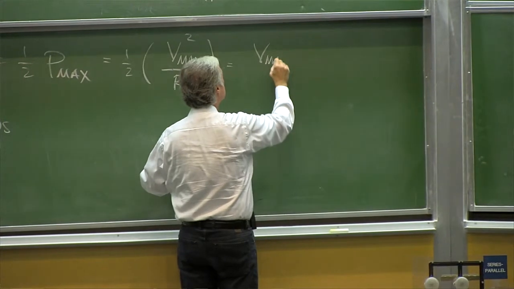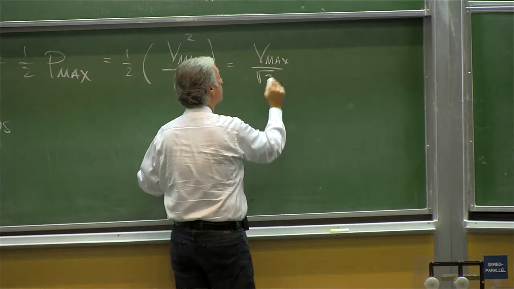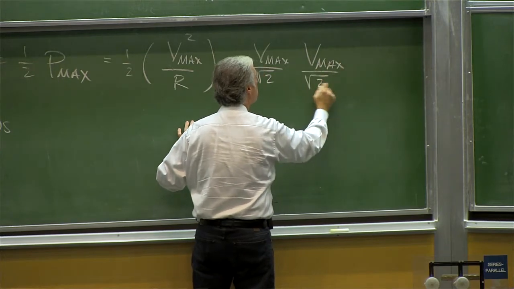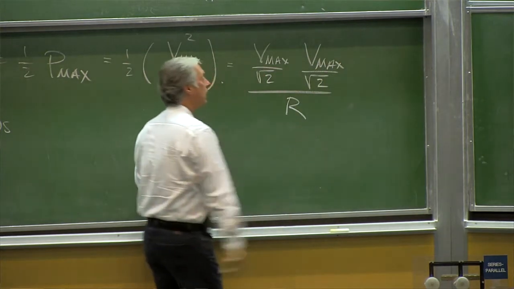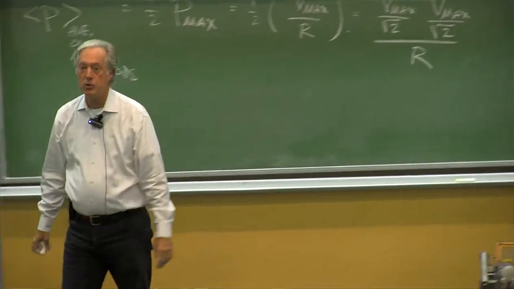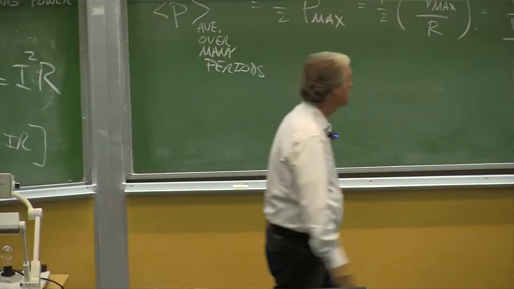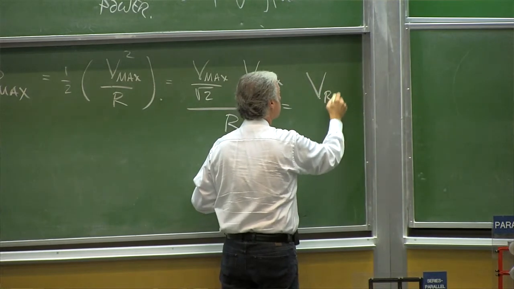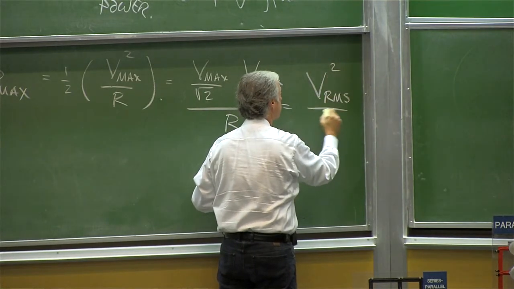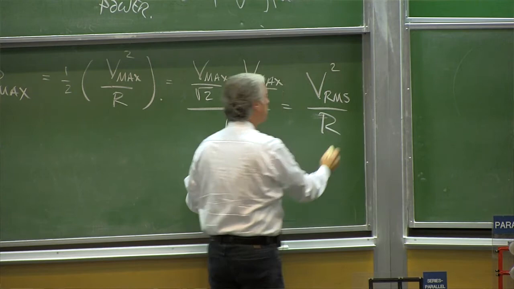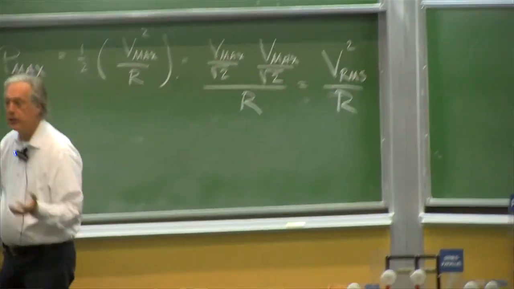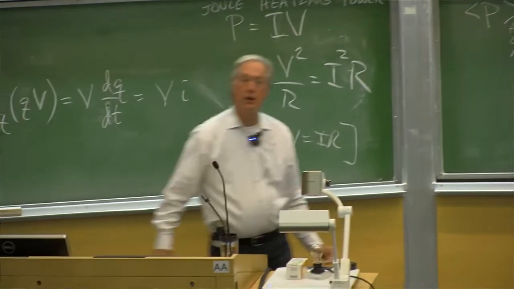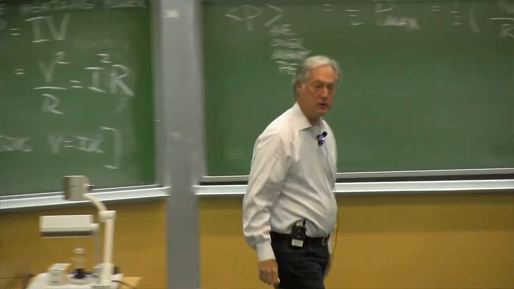V max over square root 2, V max over square root 2, all over R. Isn't that the same thing? So we write that as V root mean square. And we talk about the power then according to the RMS voltage.